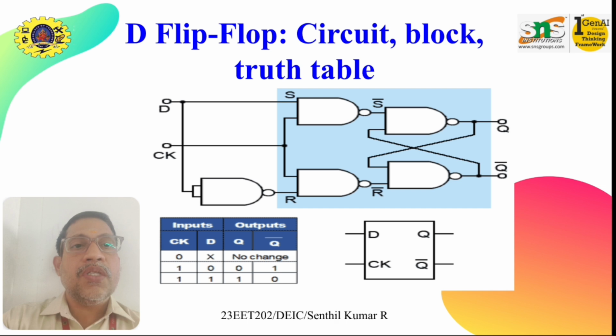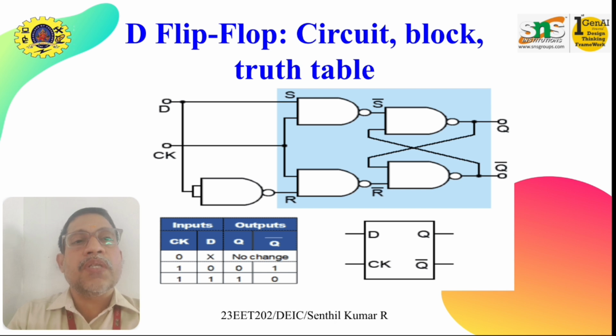When D is 0 for clock 1, then set is 0, which means that reset is 1. We know that when reset is 1, as per the SR latch, the output is 0. See here, the output Q is 0.